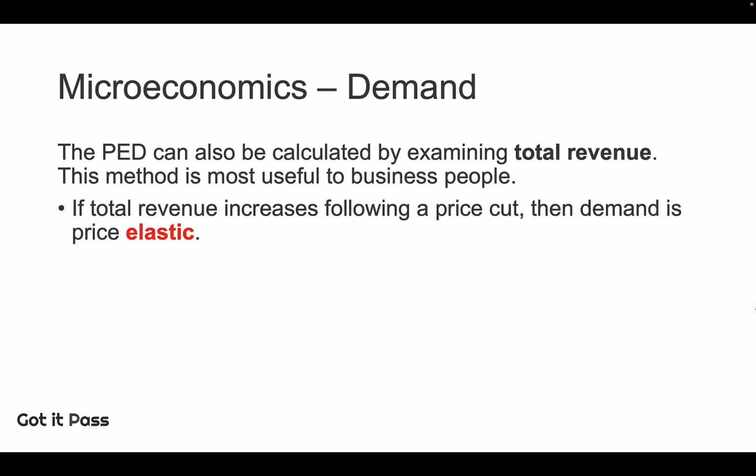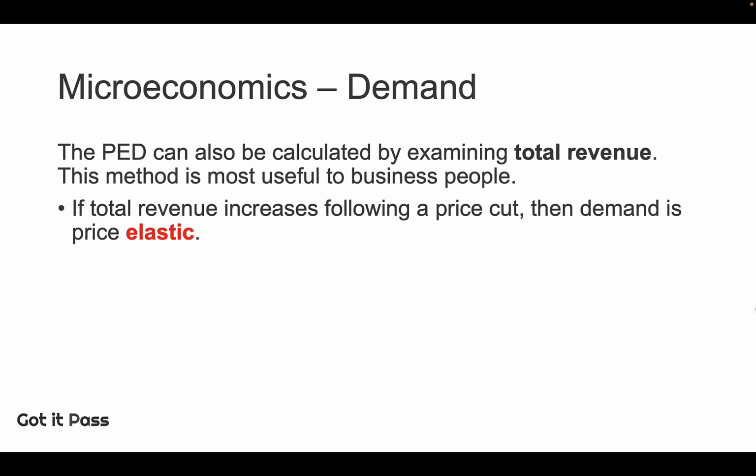If the total revenue increases following a price cut, say the price drops for air travel, like the air flight ticket, then we see much more volume, or many more people would like to buy the air flight tickets for travel. The price is cut by, say, 5%, but the volume increases by more than 10%, say by 20%, 30%.